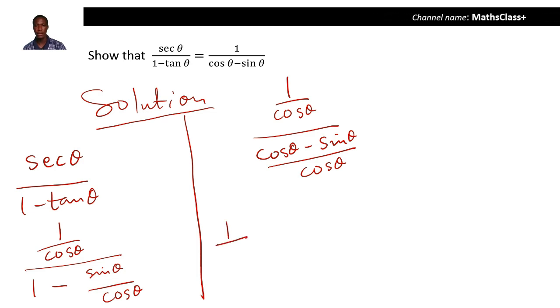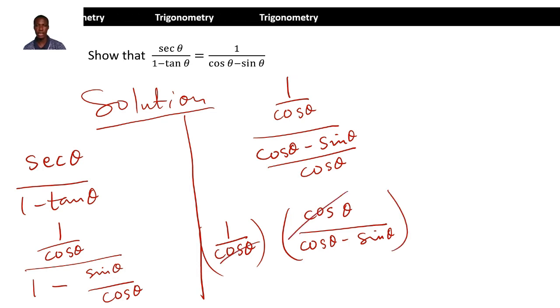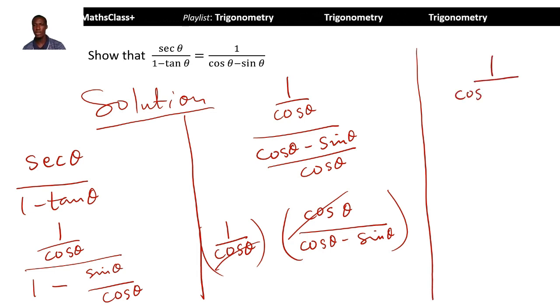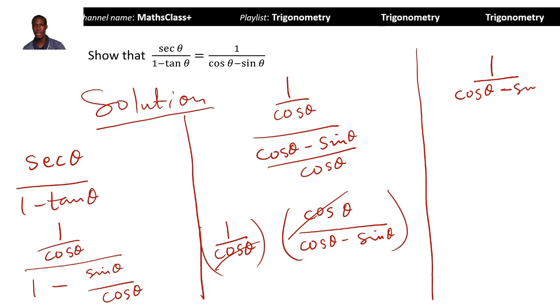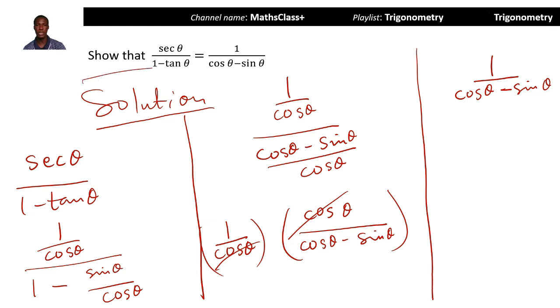So 1 over cos theta will multiply cos theta divided by cos theta minus sine theta. So cos theta here cancels cos theta here, and the result becomes 1 over cos theta minus sine theta, and that verifies the question given. Okay.